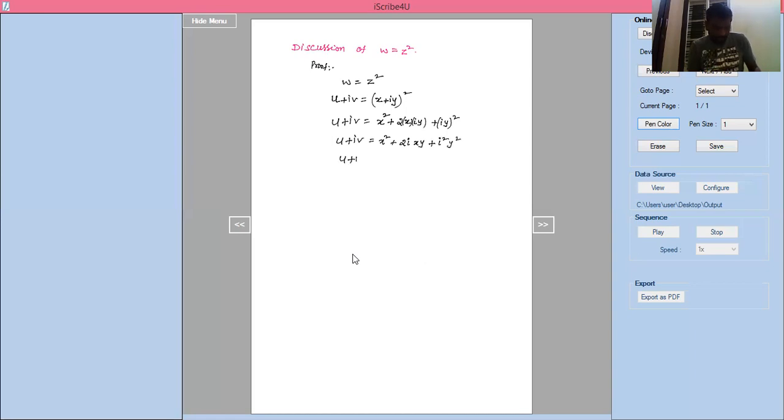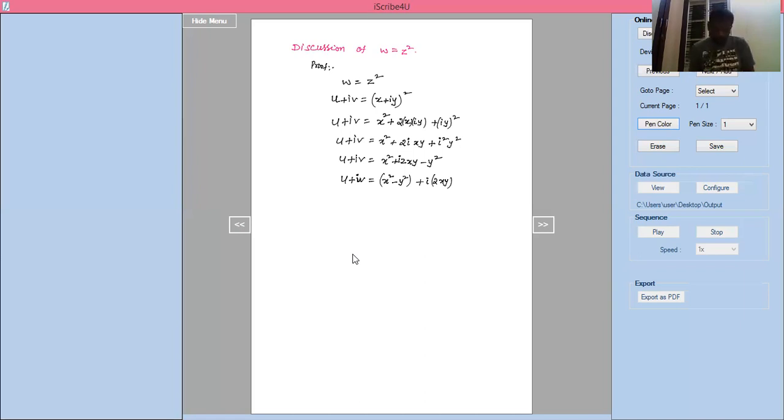Now i square is minus 1, so U plus iV equals X square minus Y square, the real term, plus i into 2XY, the imaginary term.